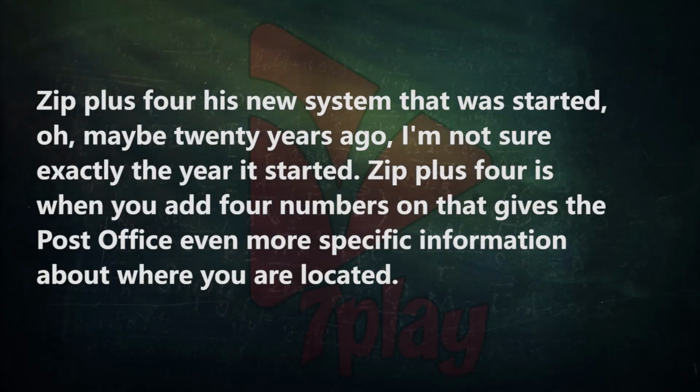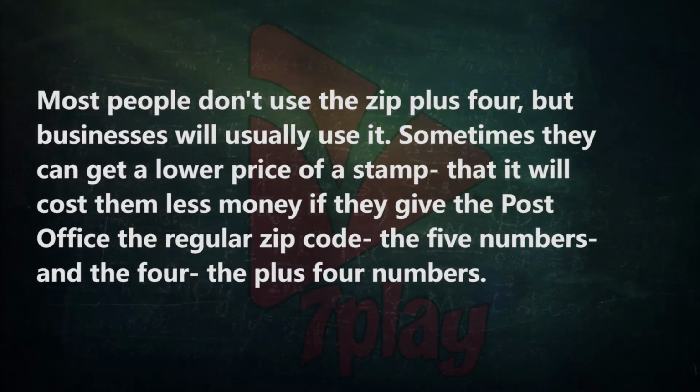Zip +4 is a new system that was started, maybe 20 years ago. I'm not sure exactly the year it started. Zip +4 is when you add 4 numbers on, that gives the post office even more specific information about where you are located. Most people don't use the zip +4, but businesses will usually use it.